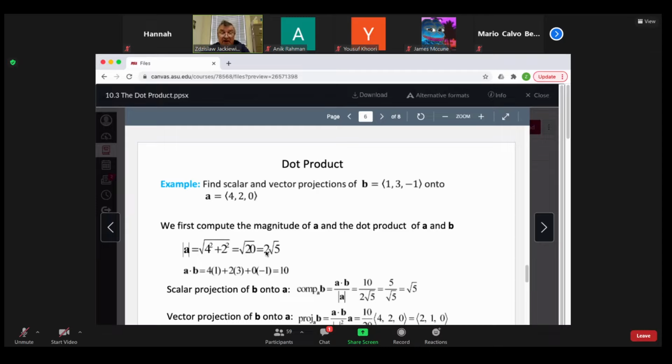You can simplify this as 20 is 5 times 4, and the square root of 4 is 2, so this is 2 square root 5. That's the magnitude of the vector A.